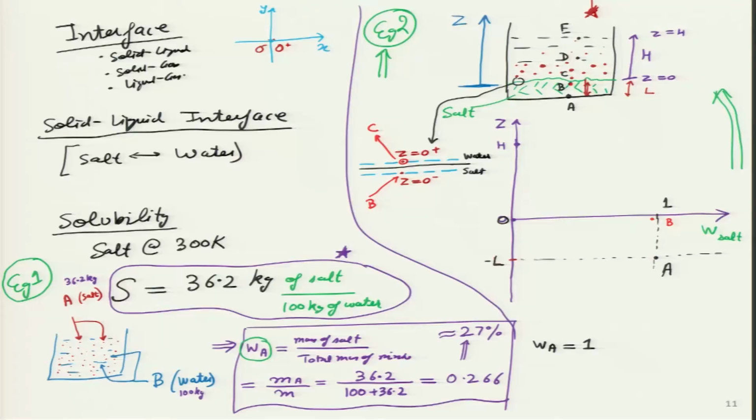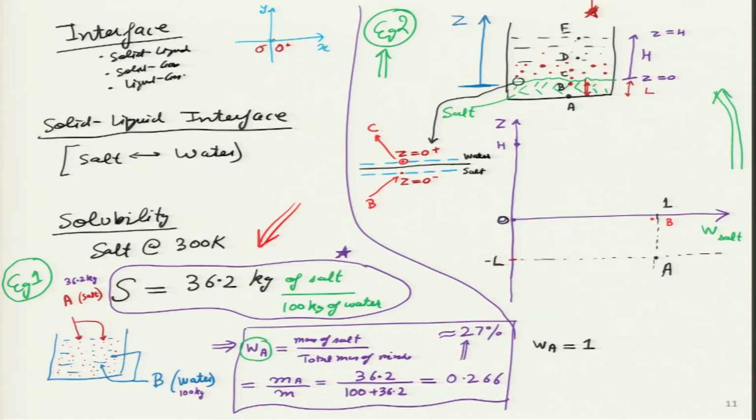So, over here we have just crossed over to water, but still some salt molecules will be there. Why? Because salt has dissolved over there, and as a matter of fact that first layer of water will be saturated with salt. It will contain as much salt as it can, because it is right at the border, and that we have already defined in example number 1. So, we know that particular value, that mass fraction we have already calculated, which means now I can put in some numbers.